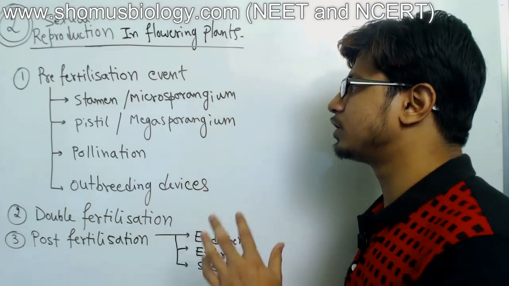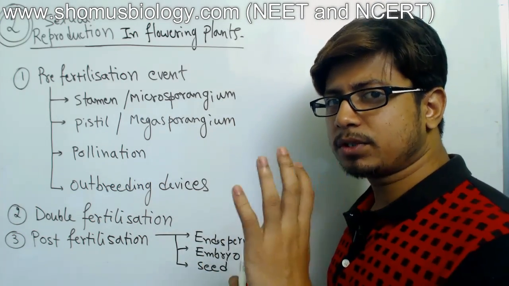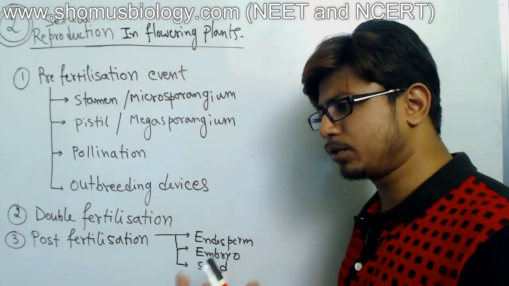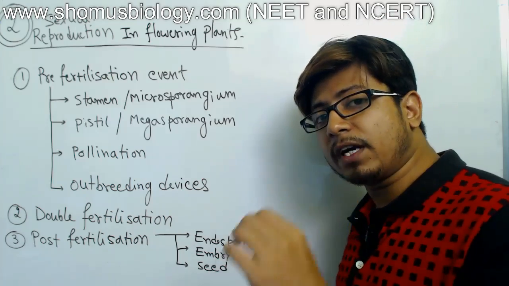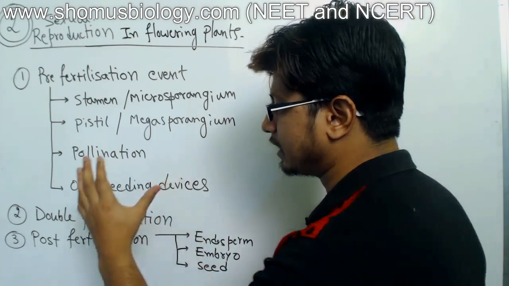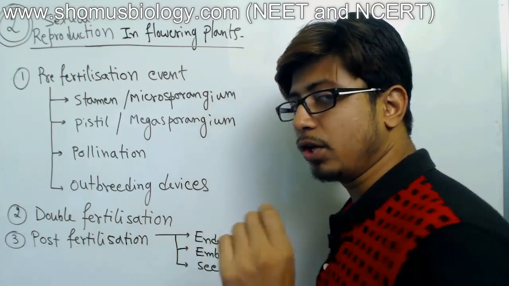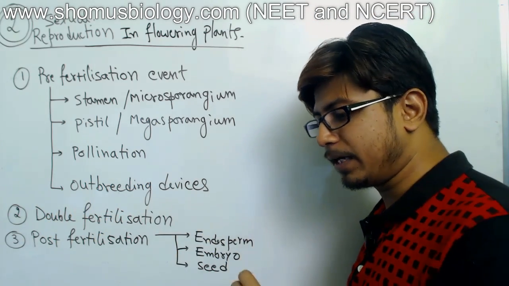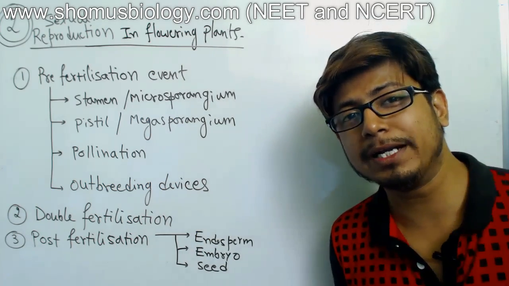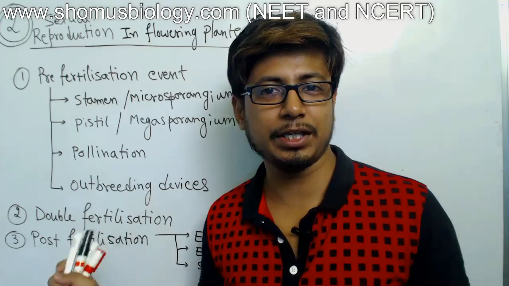The sexual reproduction of a plant is mostly concerned with the central event, that is fertilization, which is true for animals as well. But the fertilization event for plants is different. It's known as double fertilization, not a single fertilization event, which is true for any other living animal that we know. So plants only undergo this double fertilization event.